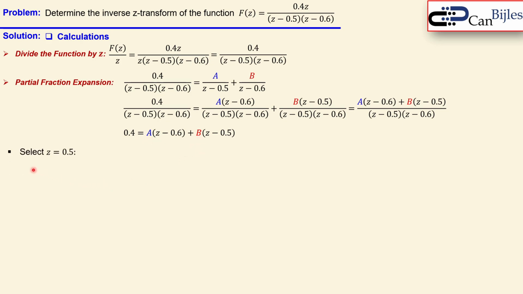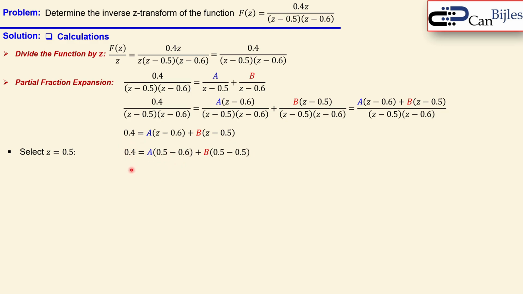Now we can use the following method. We select a value for z such that one of the unknowns is 0, so it's gone. Let's put 0.5 here. Why? Because then the B is gone, since that will be 0.5 minus 0.5, which is 0 times B, and this will be just A times minus 0.1.